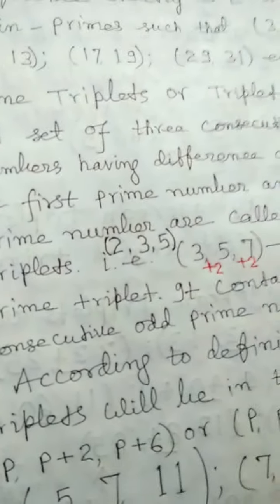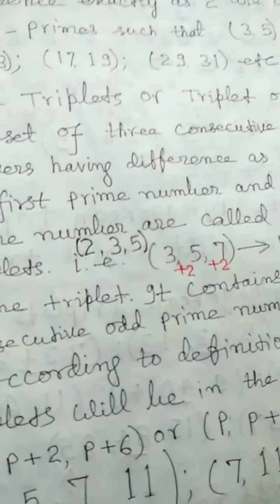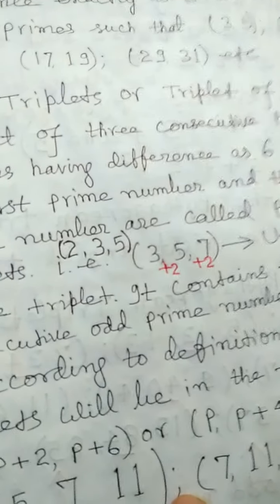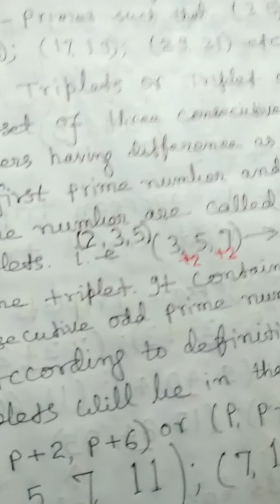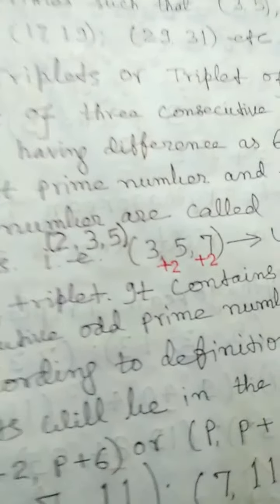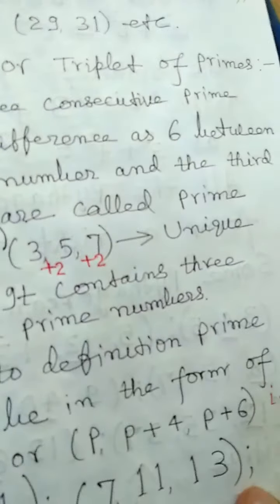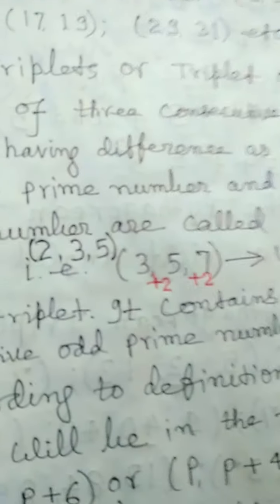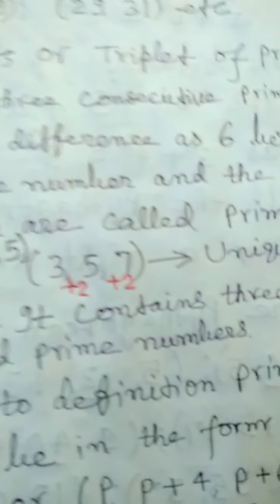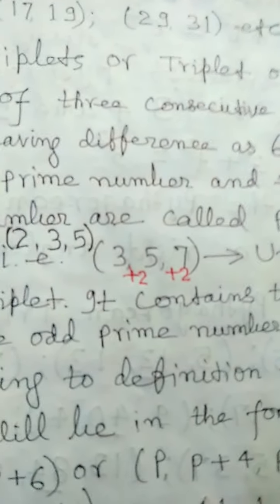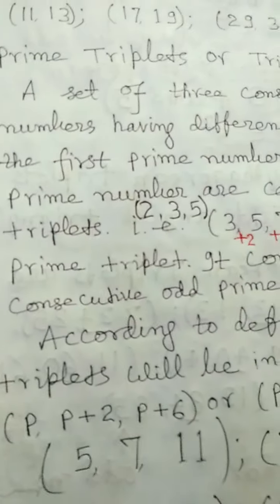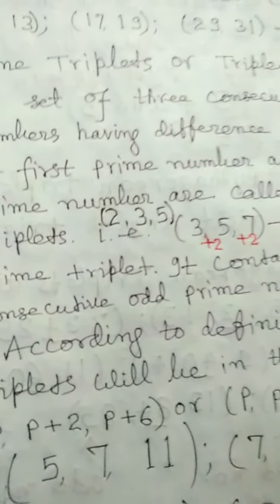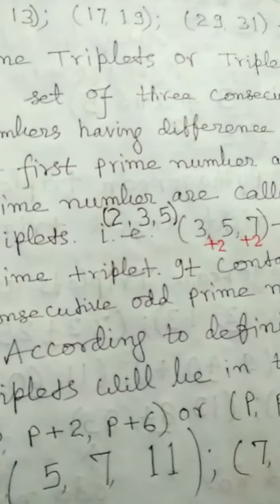Such as 5, 7, 11: the difference between the smallest and the greatest number is 6 here. 11 minus 5 is 6. 7, 11 and 13: the difference between the smallest and the greatest number is 6. 13 minus 7 is 6. 11, 13, 17: the difference is again 6. 17 minus 11 is 6.